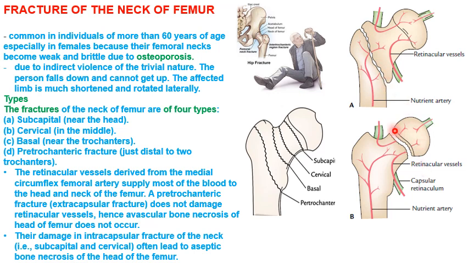But if the fracture is intracapsular, maybe subcapital, cervical, or maybe even basal, then there can be damage to these retinacular vessels, which are the branches from the medial and lateral circumflex femoral arteries, which hamper the blood supply to the head of the femur, causing avascular necrosis of the head.